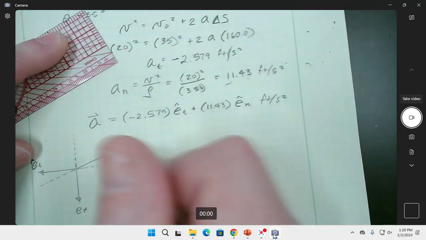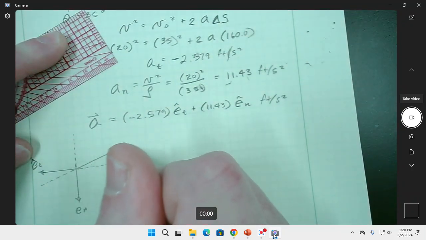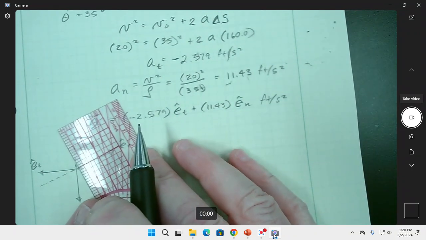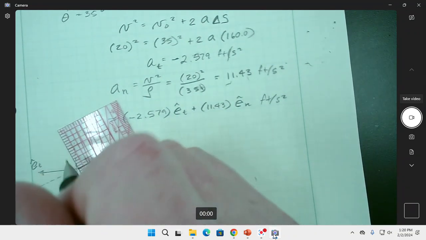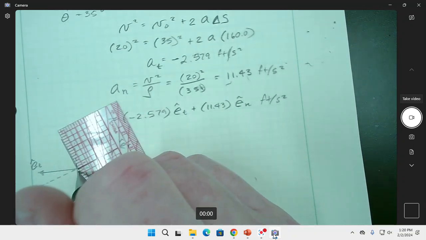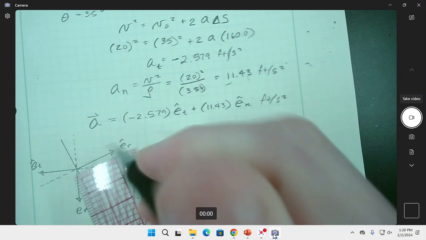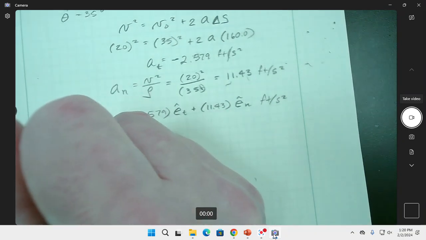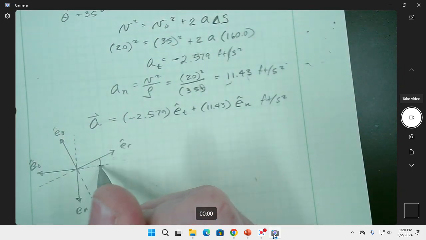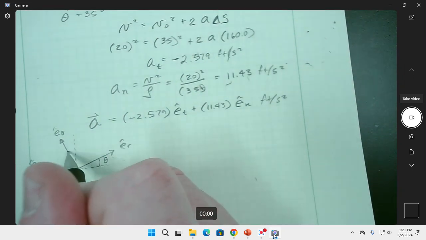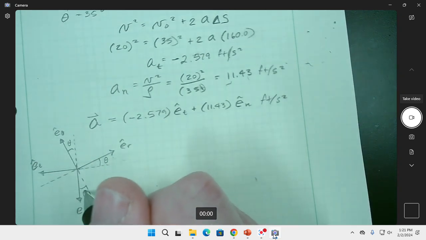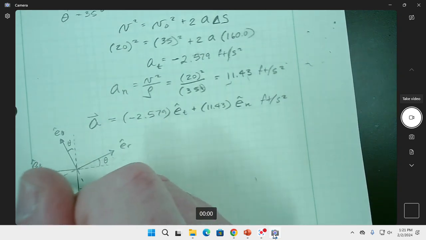Here is going to be our ER, perpendicular, here's going to be our E theta. And our angle that we're going to use is the angle right there. Because we made it non-45, it's obvious where the other ones are, but also because we've practiced a little bit.